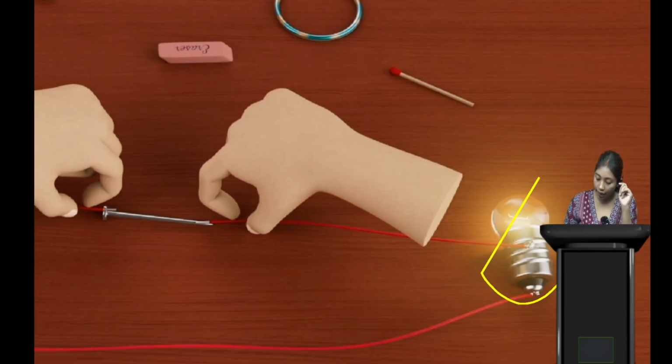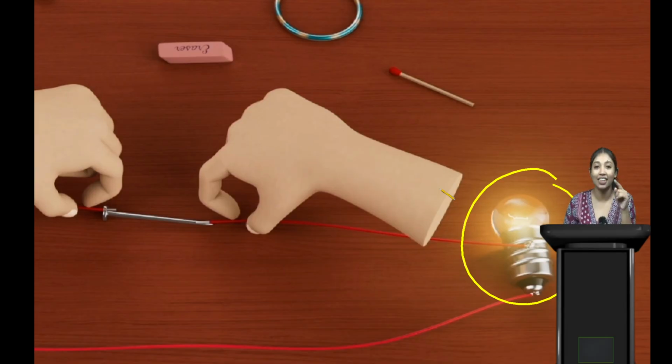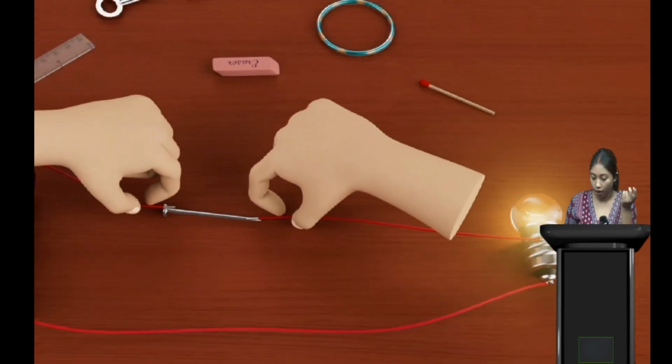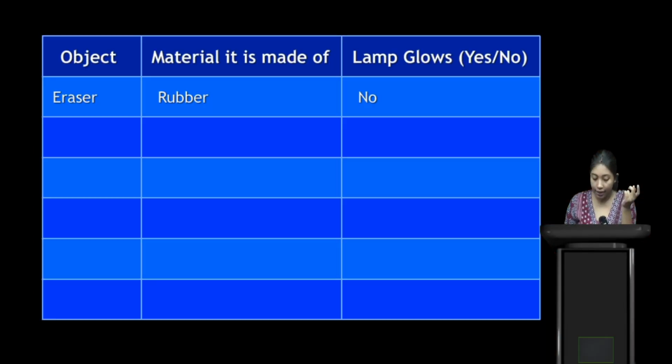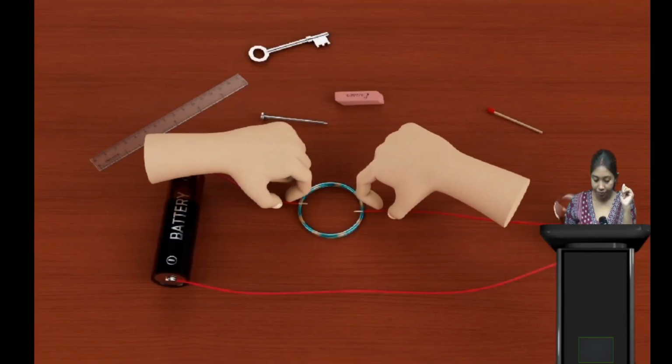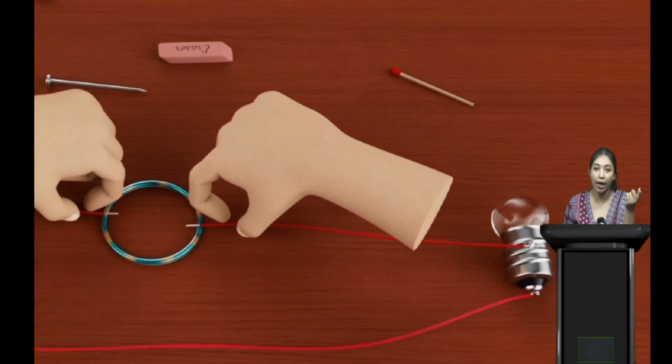And when we used the nail, the lamp started glowing. So we can write that the object is nail, the material is metal, and the lamp glows: yes. After that, when we use a bangle, it didn't glow.